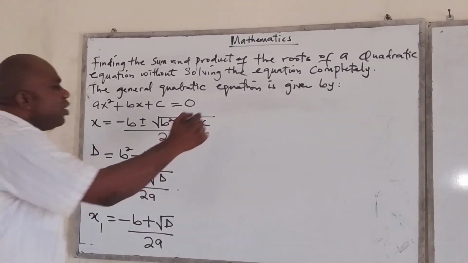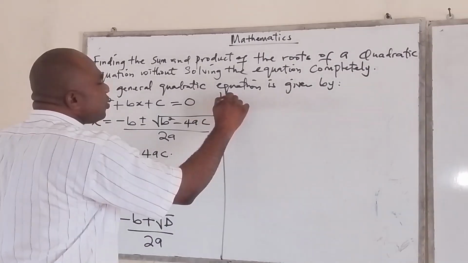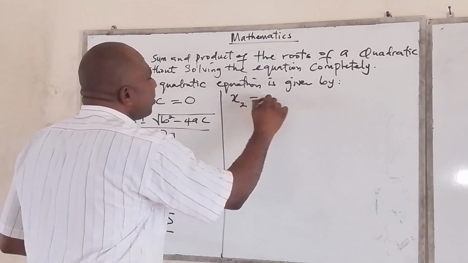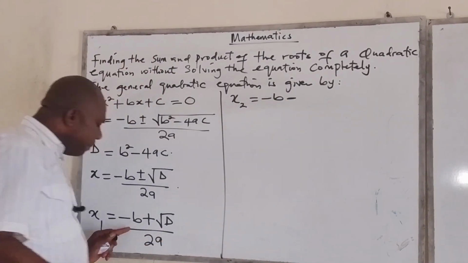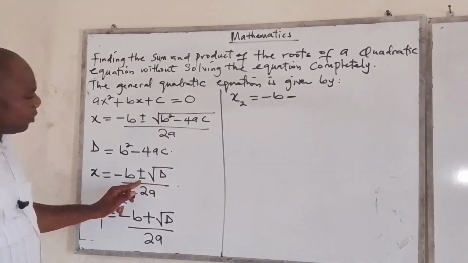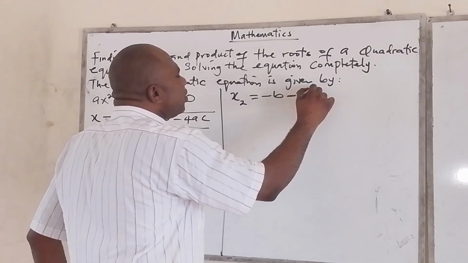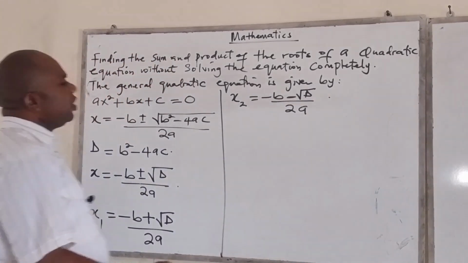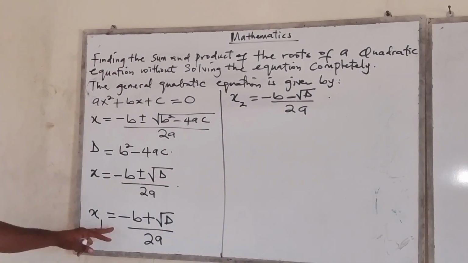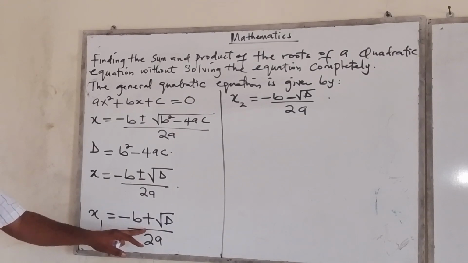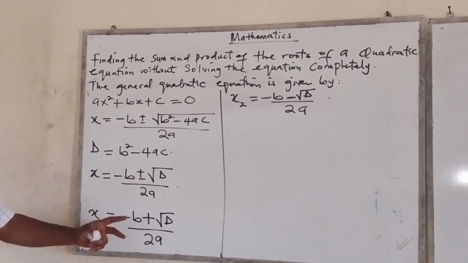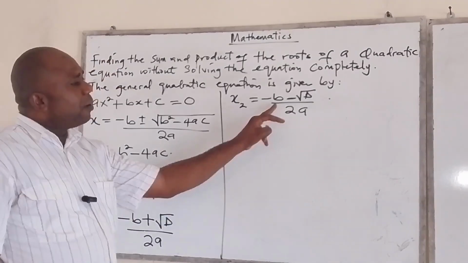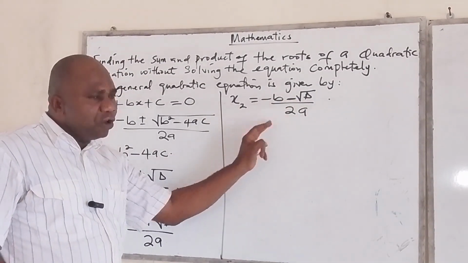And now let's see the value of our x2. x2 will be equal to minus b minus, now I'm picking this minus, minus the square root of d all over 2a. Yes, we have our x1 equal to minus b plus the square root of d all over 2a, while x2 is equal to minus b minus the square root of d all over 2a.